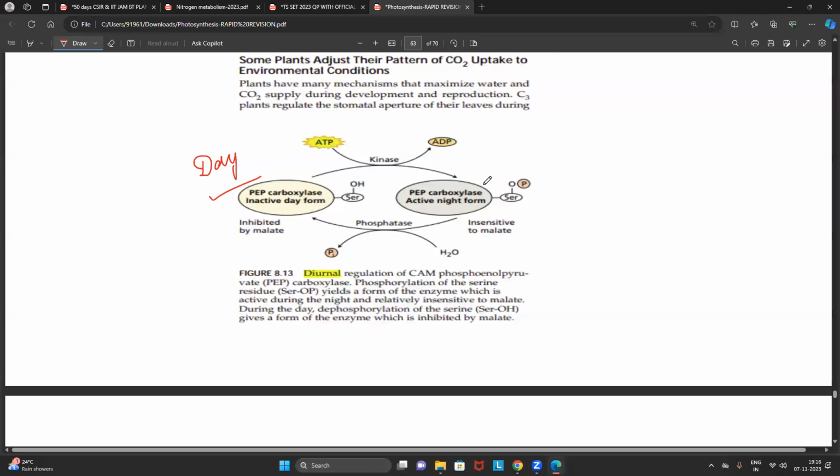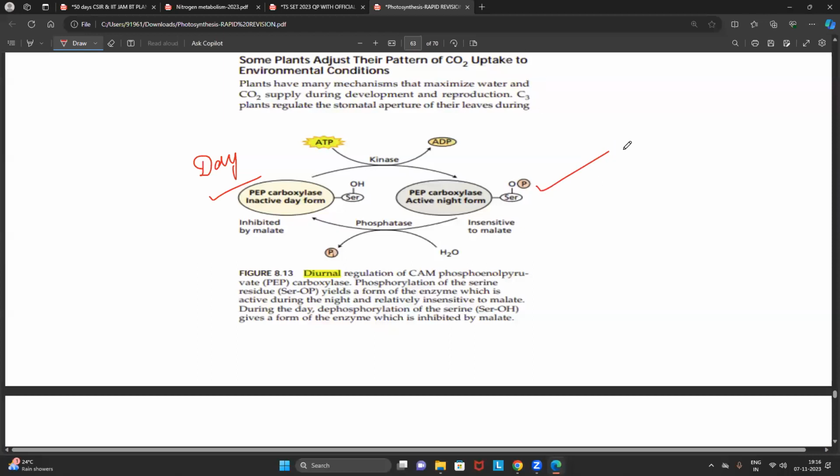And a very important point for the exam. What they are going to ask in the exam is, in the active form, will it be phosphorylated or non-phosphorylated? That is the question for the exam. Every student look into the picture. PEP carboxylase enzyme will be super active during the night time. So friends, it will be phosphorylated.